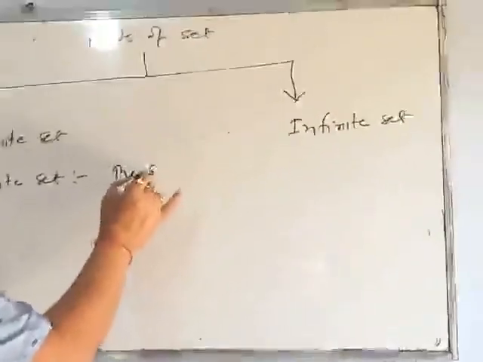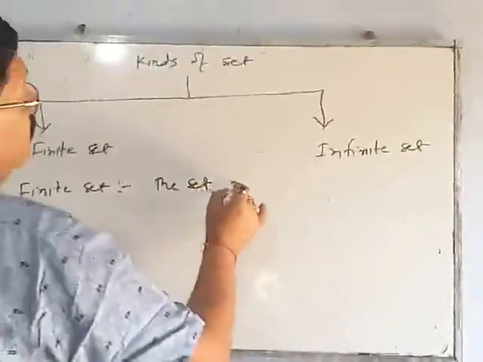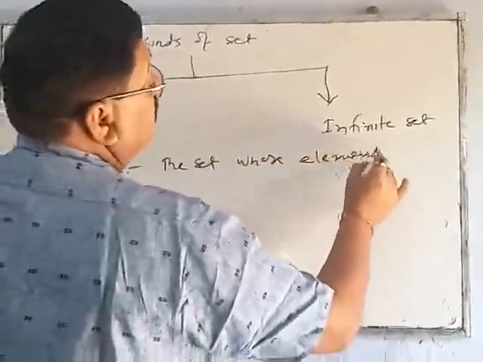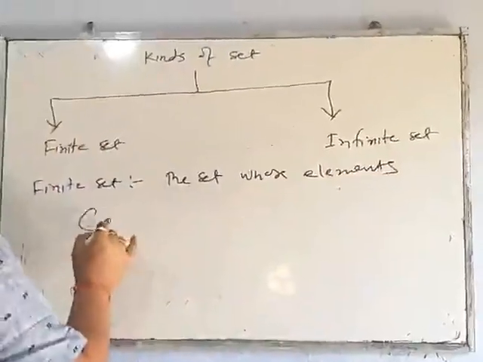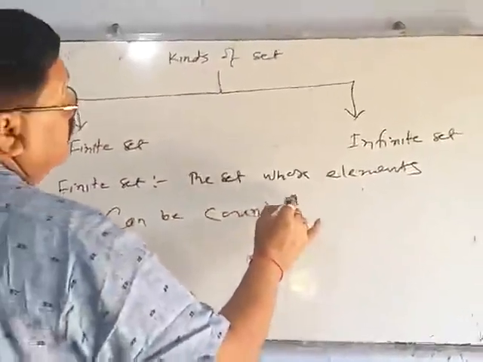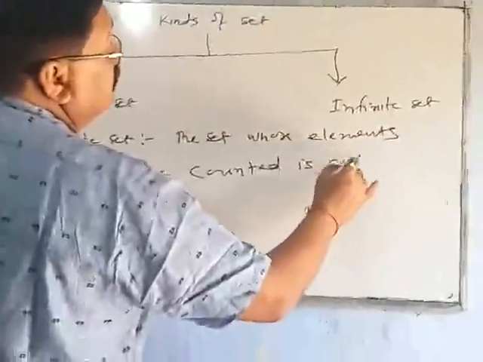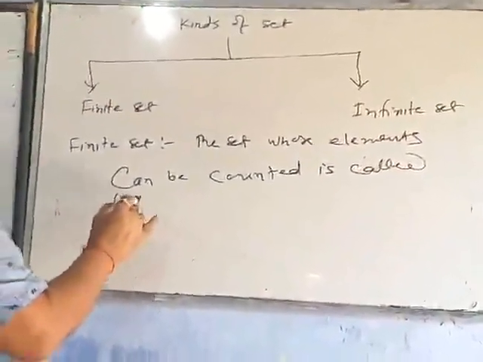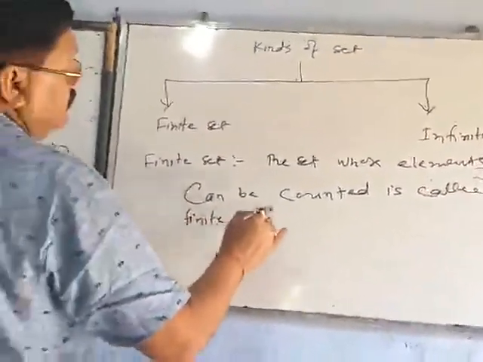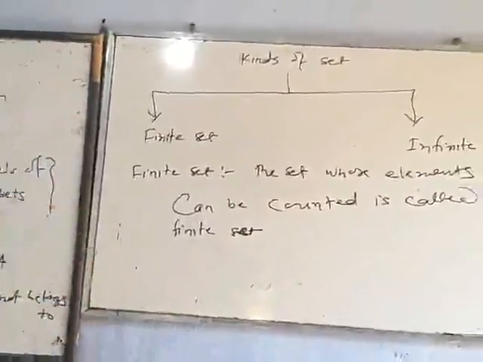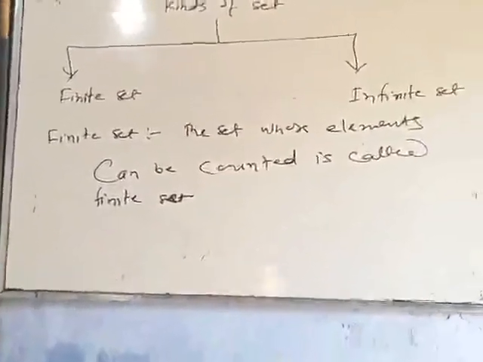The set whose elements can be counted is called a finite set.